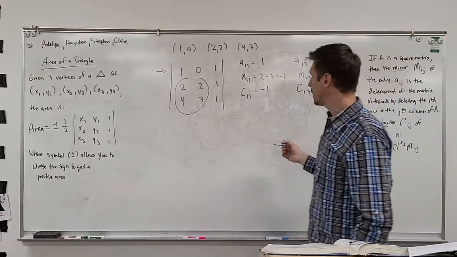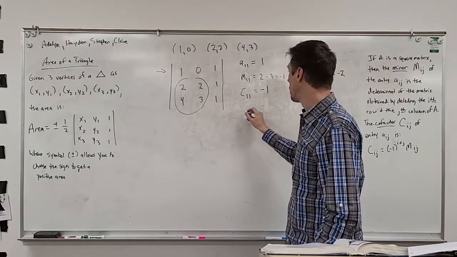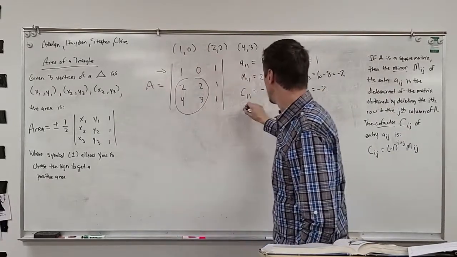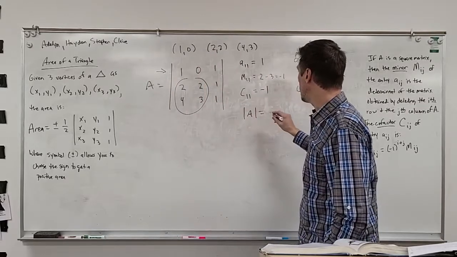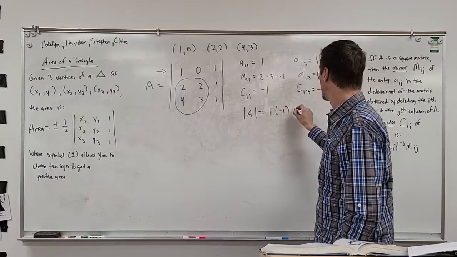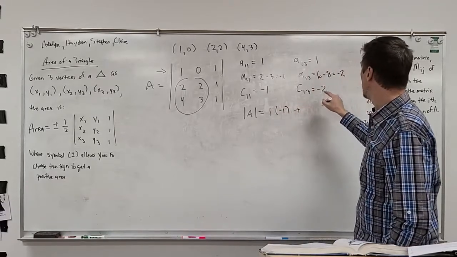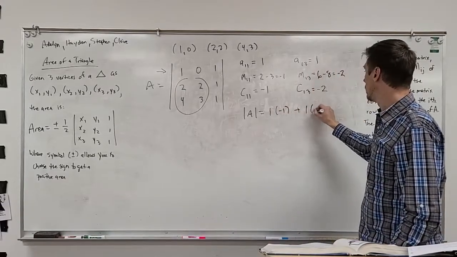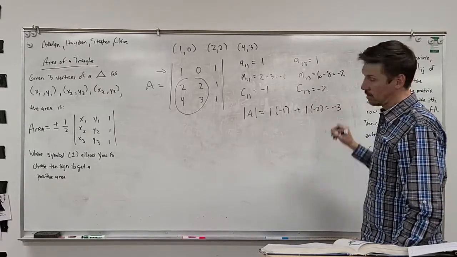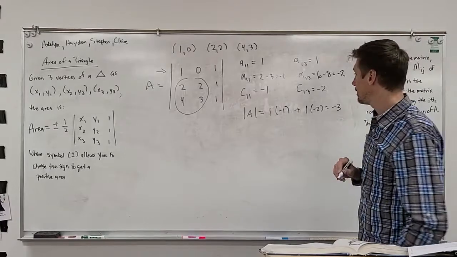So the determinant for this guy, if this is A, then the determinant of A is going to be 1 times -1 plus 1 times -2. So that's just going to be -3. Is that what they got? Yep.